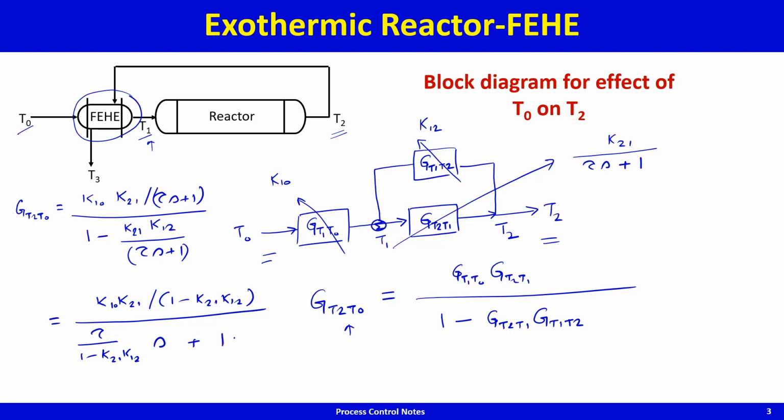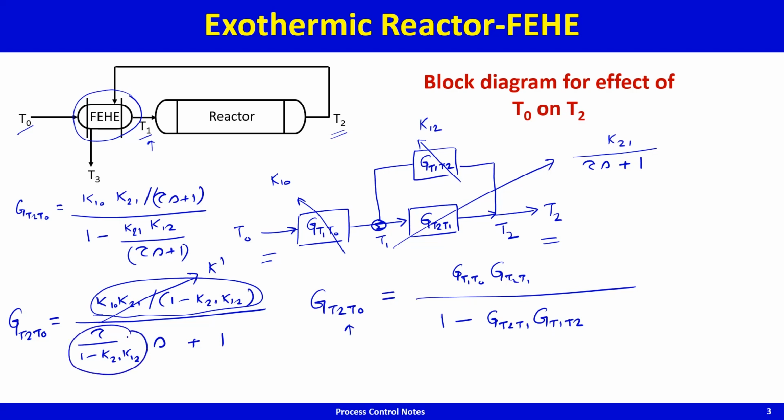So you can see the gain of the system with that feed effluent heat exchanger in there. This is the new gain, we'll call this K prime.